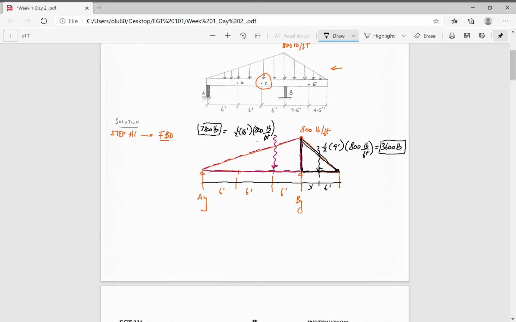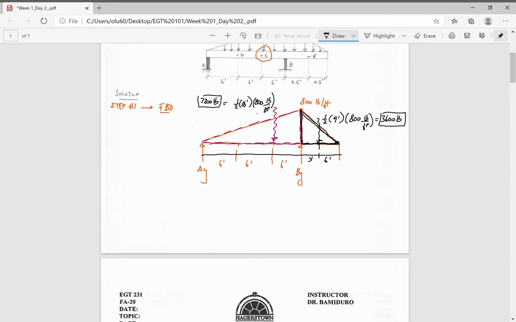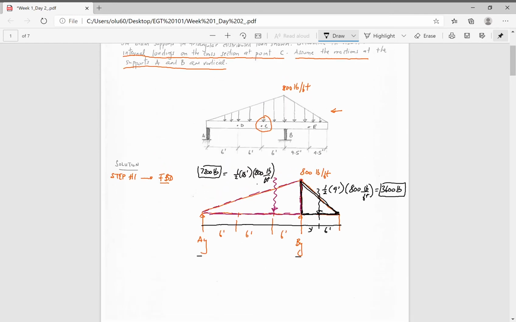With that being said, let us move forward, and we want to find our support reactions. But mind you, we're essentially looking for the internal load. We're going to do a cross-sectional cut at point C. So C is around here.